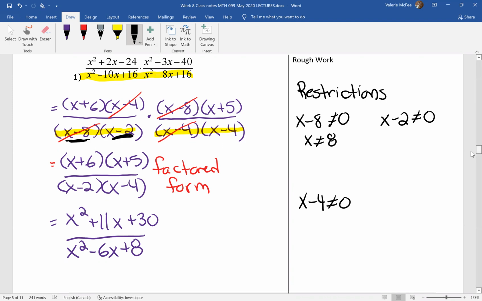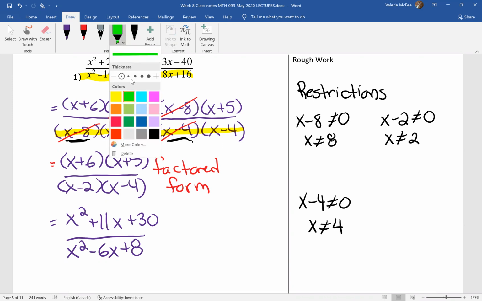We used our x minus 2. We see that x cannot equal 2. Now x minus 4 happens twice. We only need to state it as one restriction. X cannot equal 4. There are 3 restrictions for this question.